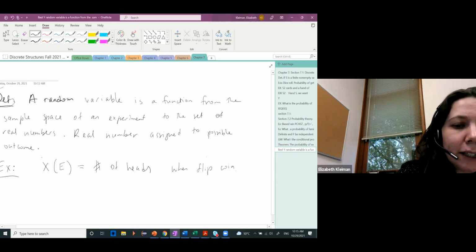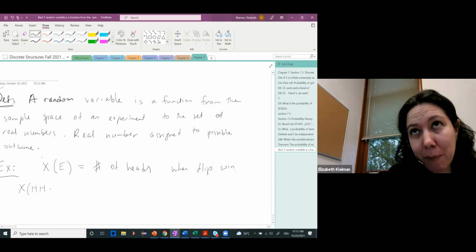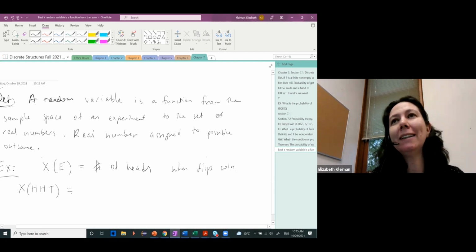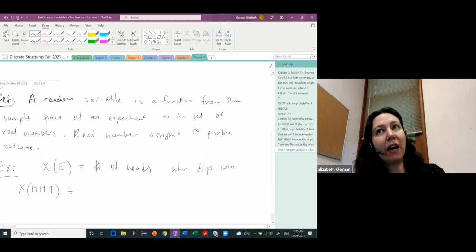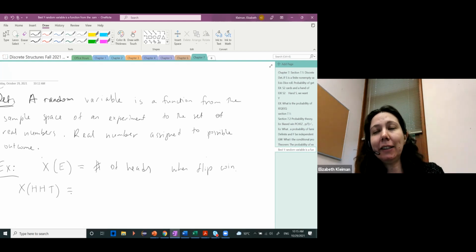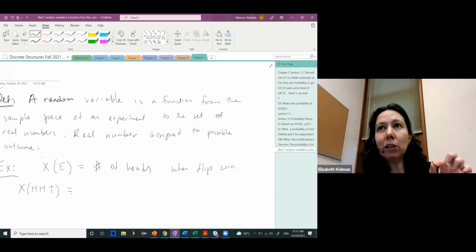So now let's calculate the value of the random variable. Assume my experiment gave me head, head, and tail. What is the value of X of head, head, tail?